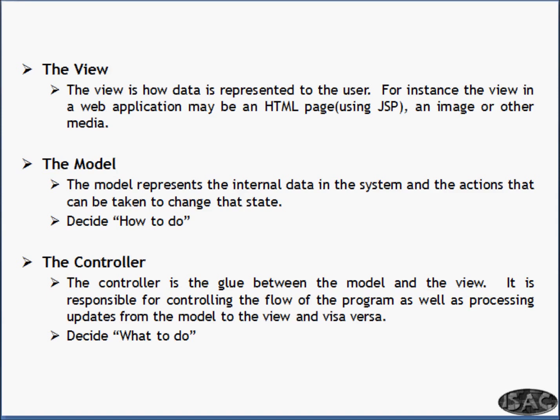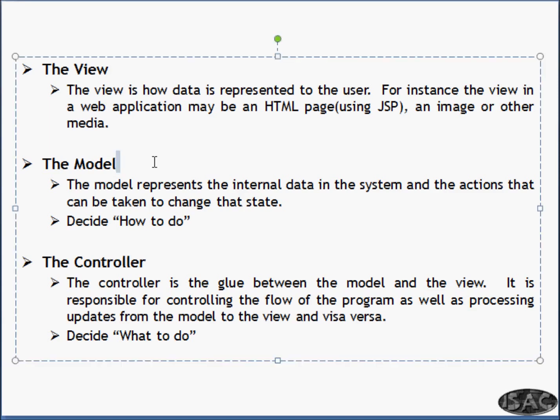Next is the model. The model represents the internal data in the system and the actions that can be taken to change that state. So it decides how to do, right? Model means what data changes should happen. All that will be taken care of by the model, right? What data needs to be retrieved. Now next is the controller. That is the MVC, right?